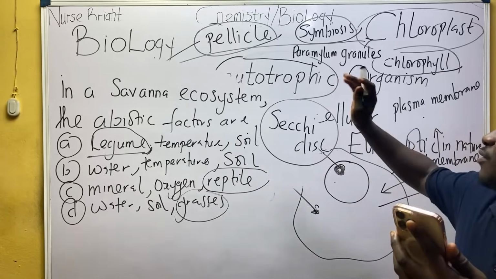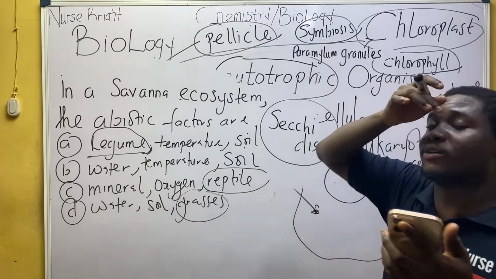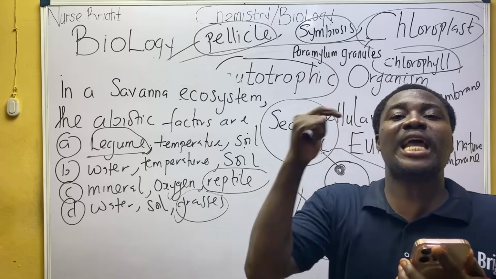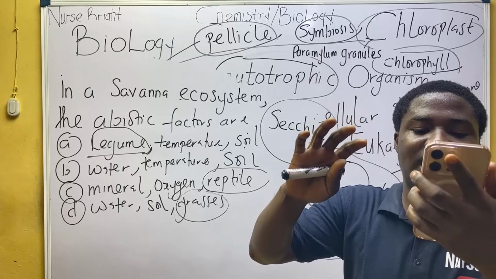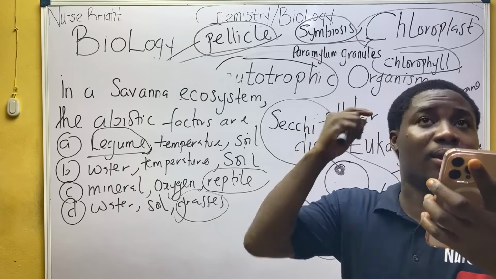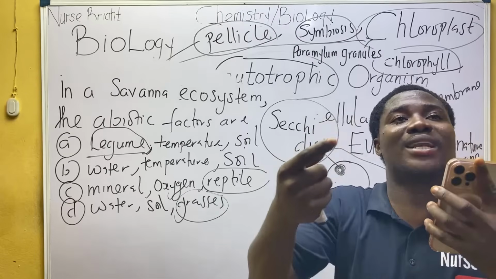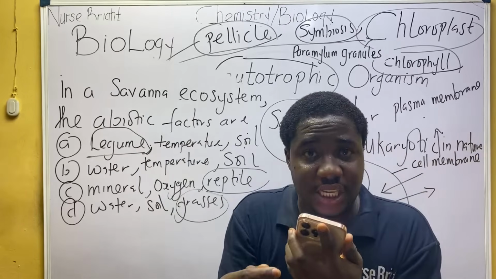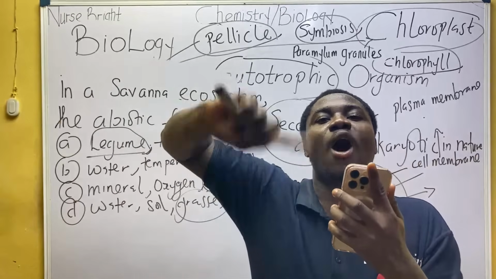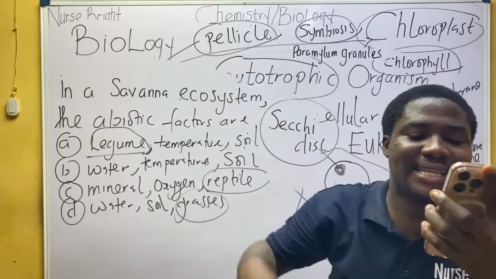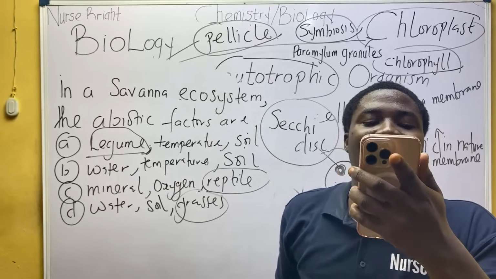Before I read the last option, let me tell us something about symbiosis. It is an association between organisms that are not of the same species. Are you listening? For symbiosis, you must relate with another organism of a different species. Option D says it is an association between similar species.